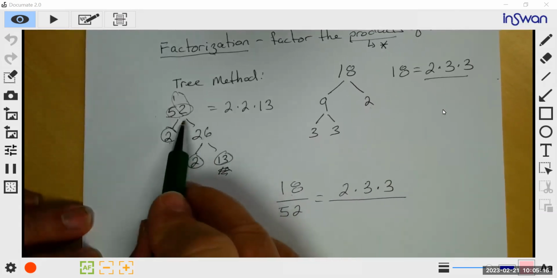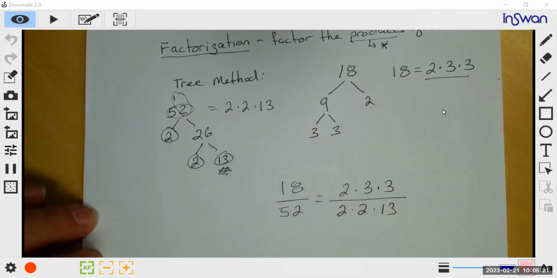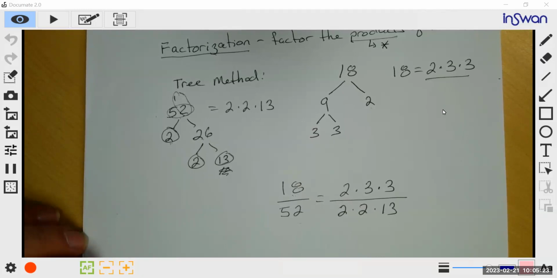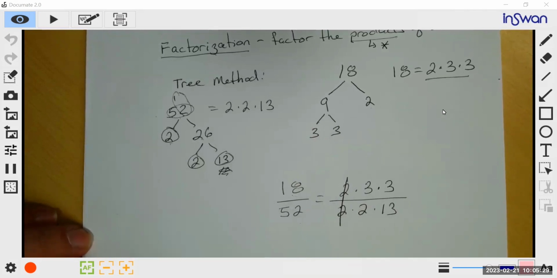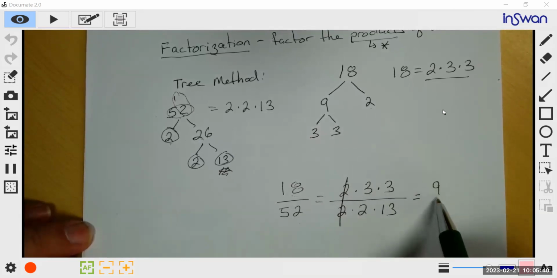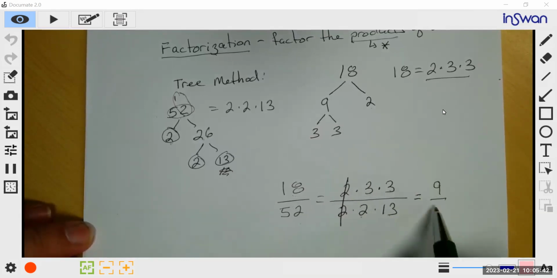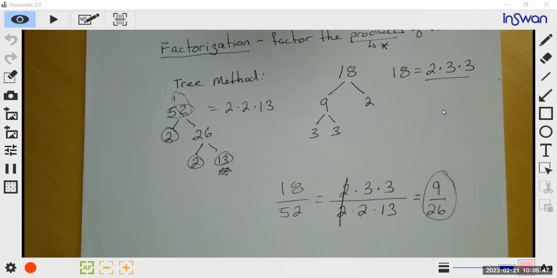What's 52 made up of? 2 times 2 times 13. If we cancel anything that's the same on top and bottom, that's called simplifying it. Can anything else cancel? No, so now we multiply. 3 times 3 is 9. 2 times 13 is 26, and that's as far as you can go. You can't go any further.